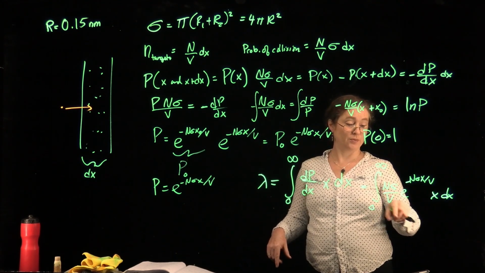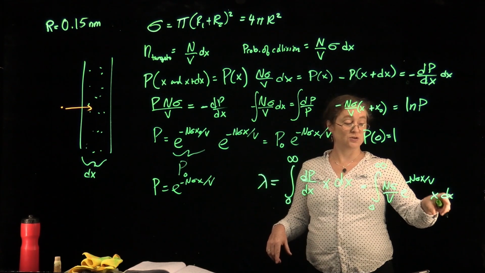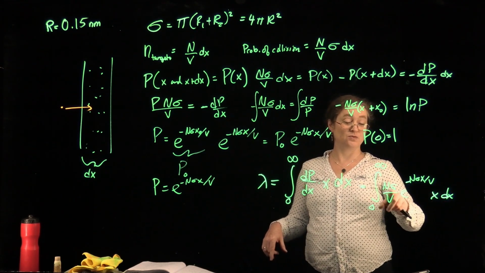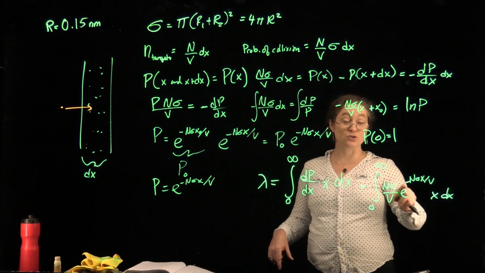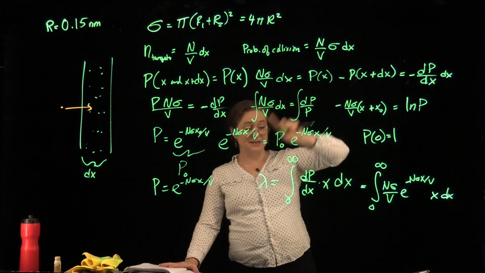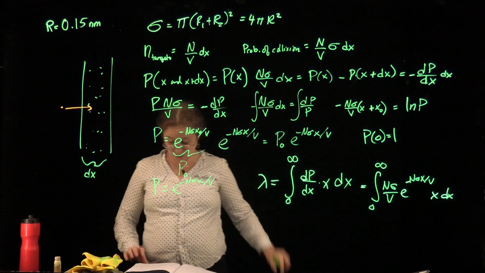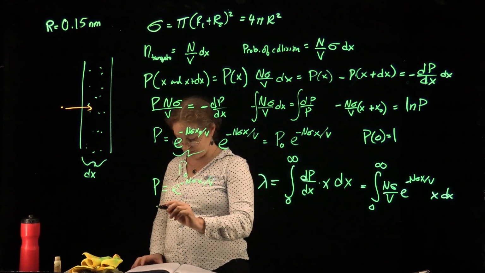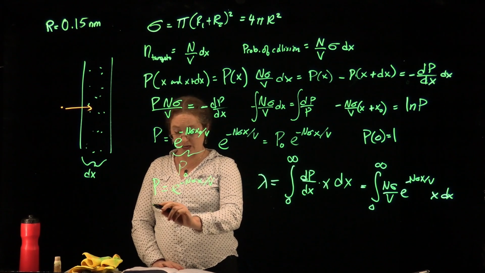This is just a number. This is times meters. This has units of meters, and this has units of meters. So this has units of meters to the fourth over meters to the third, and so that ends up with units of meters. Yay! That's the minimum requirement for this to be the right answer.